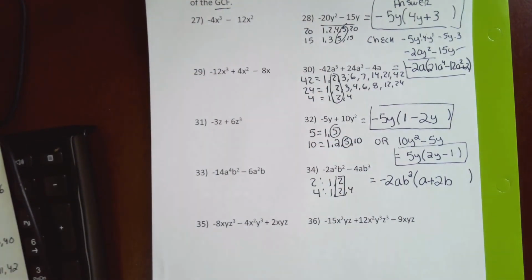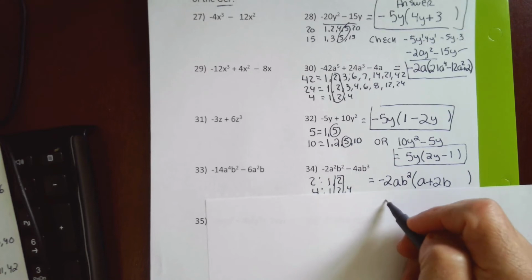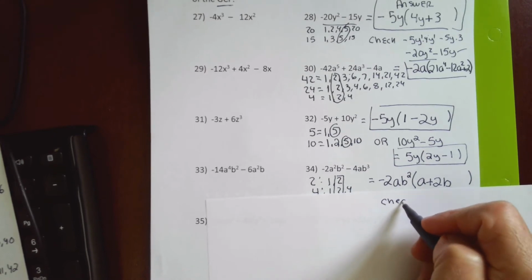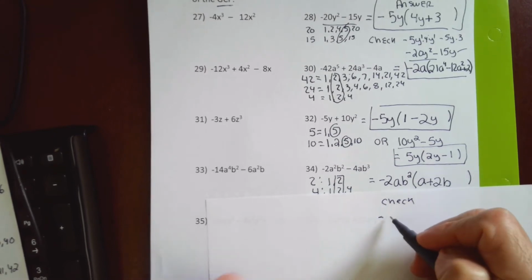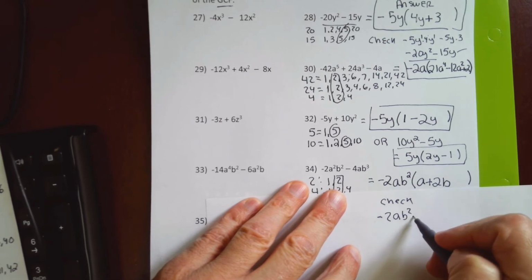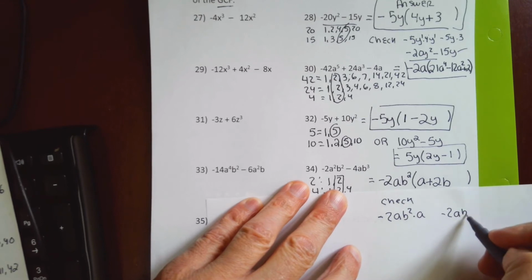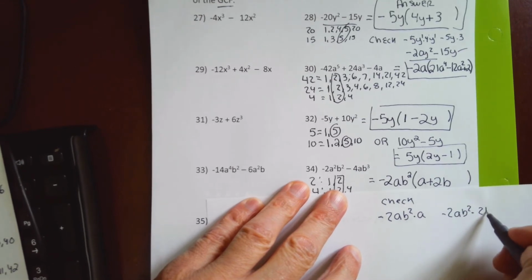I'll show you that this checks, not that it's necessary, but all of these problems can be checked. It's optional, but never a bad idea to check. To check this, I'd go minus 2ab squared times a and minus 2ab squared times 2b.